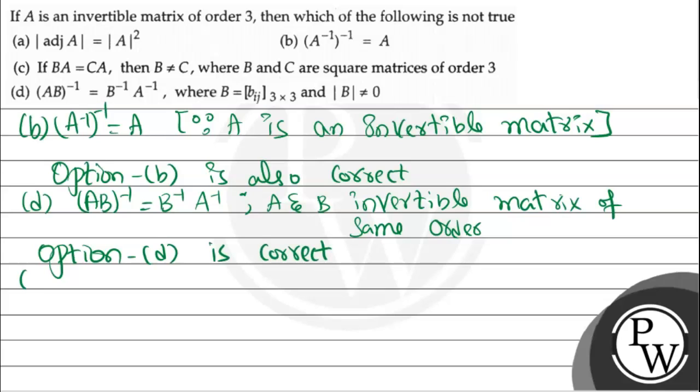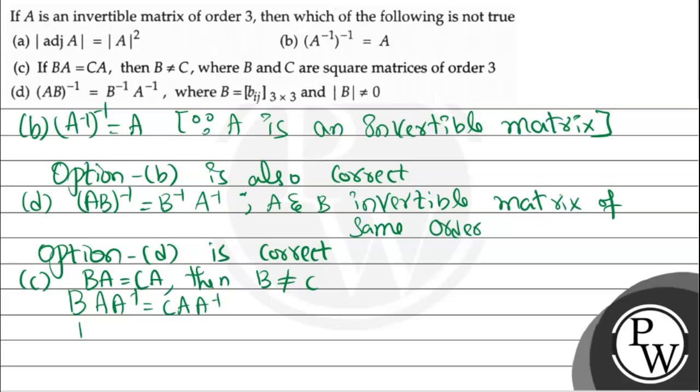Now if I go for option C, that is if BA equals CA, then B is not equal to C. Let us check. I'm post multiplying with A inverse, so BAA inverse equals CAA inverse.